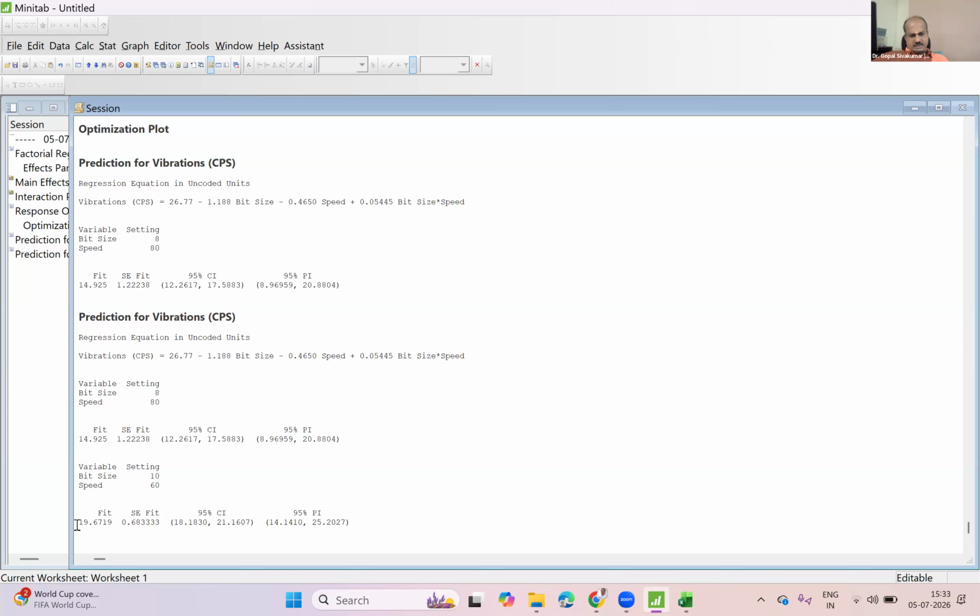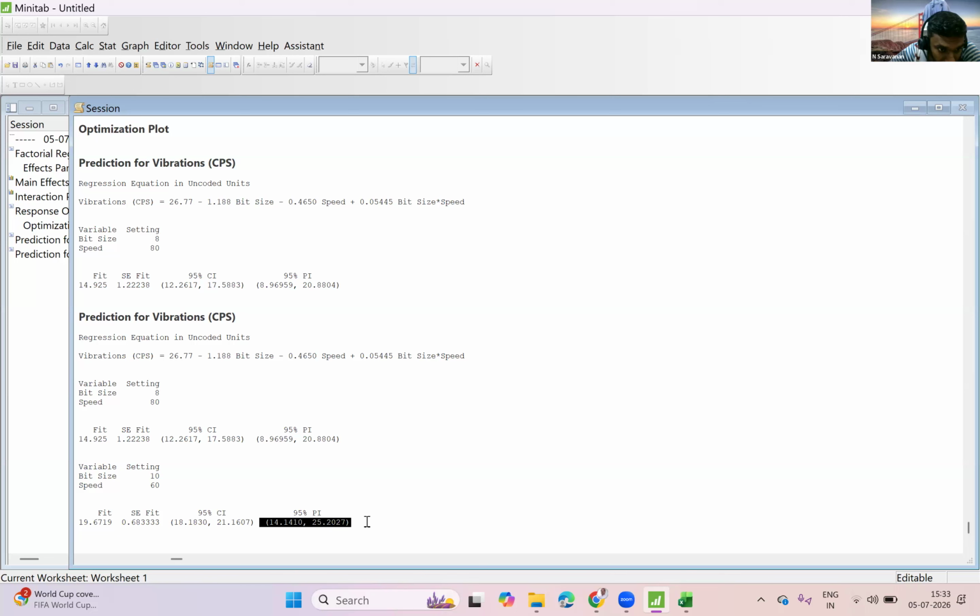The average is expected inside this confidence interval. If you don't do replication, if it is a single observation, then the vibration is expected to be in this prediction interval. But that is why we carefully included replication, isn't it? So we should refer to confidence interval. If you have not done any replications, then you must refer to prediction interval. Okay. You understand, all of you?